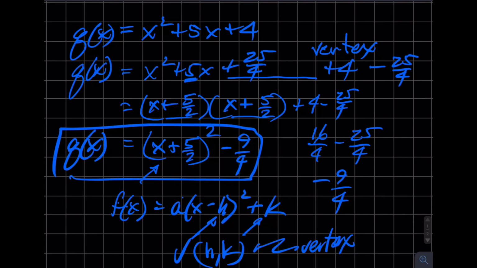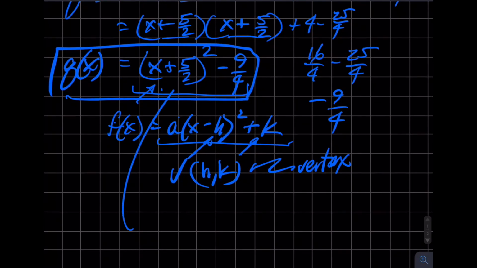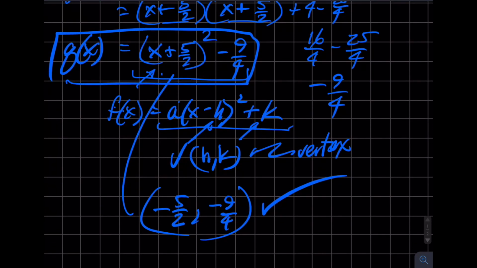The structure of completing the square is the exact structure of the vertex form. So in this case, our parabola has a vertex of negative 5 halves, comma, negative 9 fourths. Okay? So that is completing the square, and that's the vertex form, and that's how you can determine the vertex.